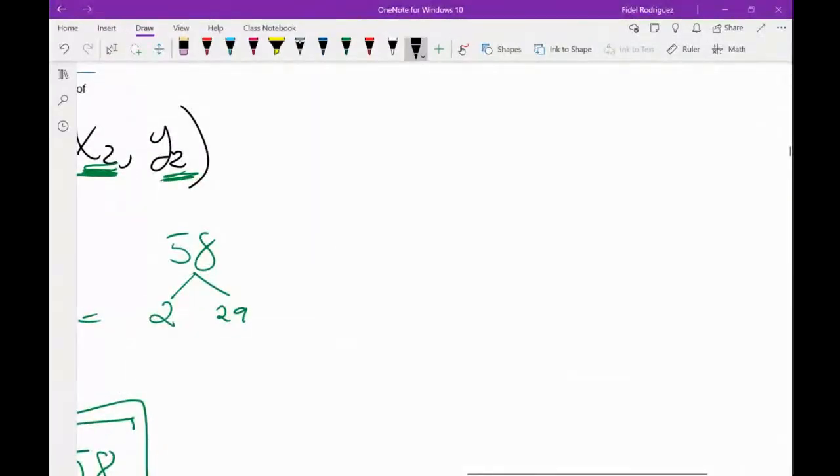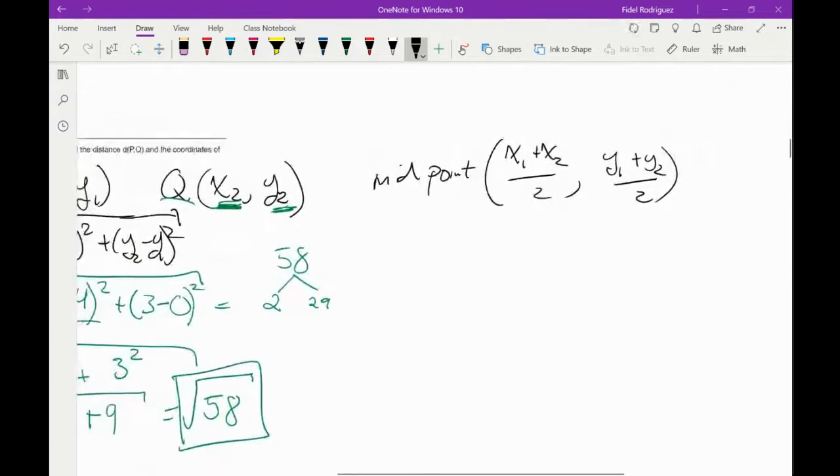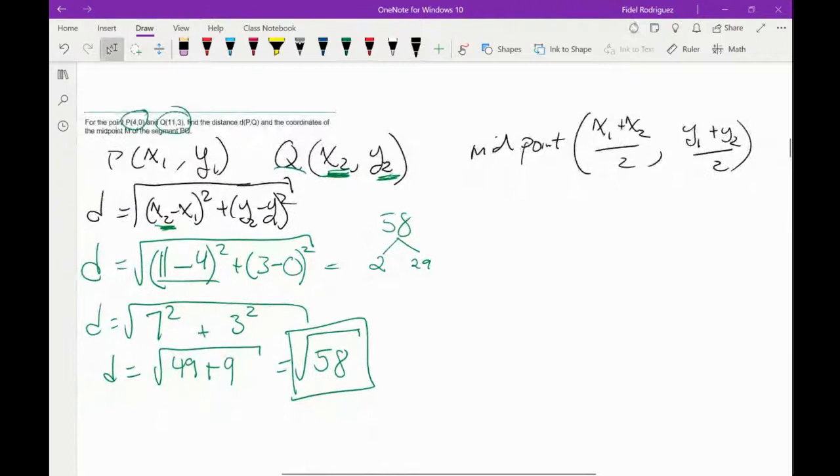So again, guys, remember the midpoint formula. It is x1 plus x2 all over 2, and y1 plus y2 all over 2.